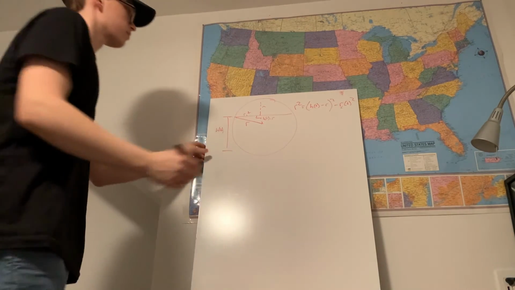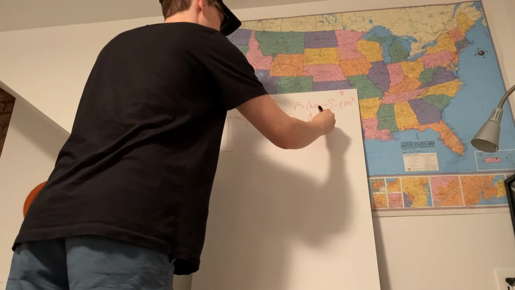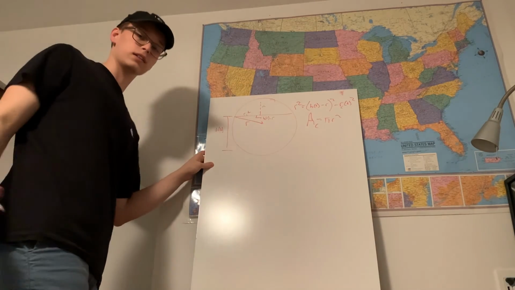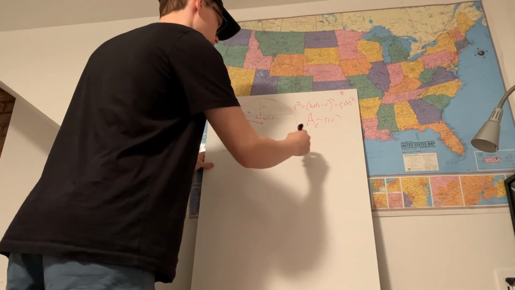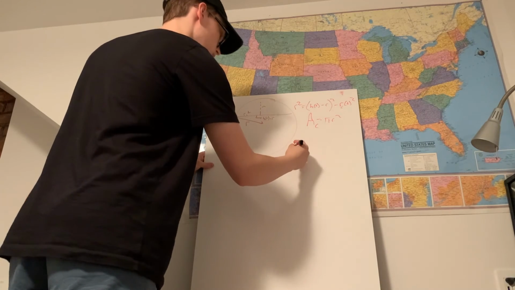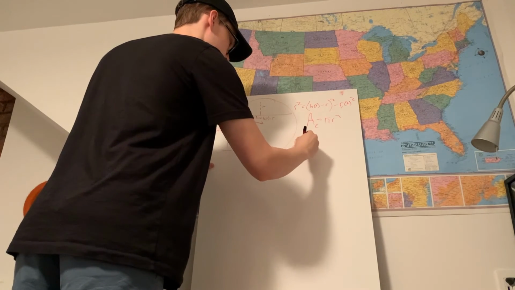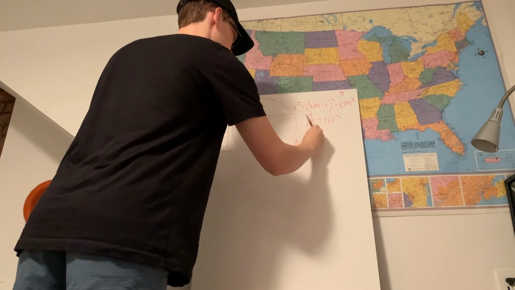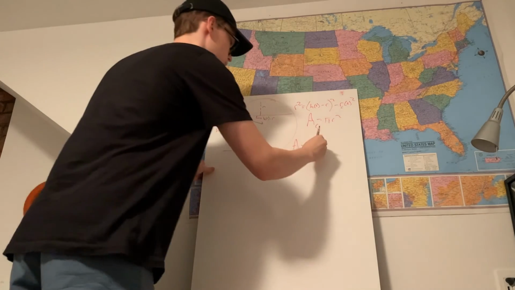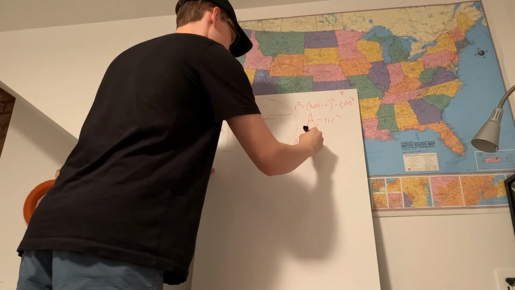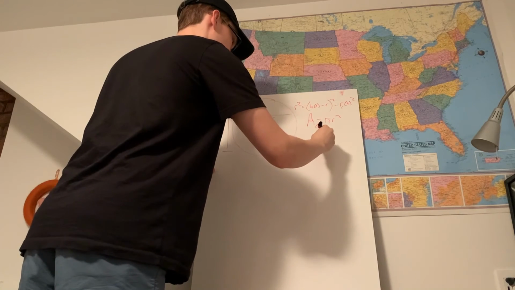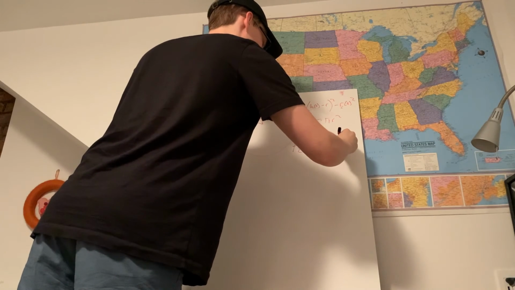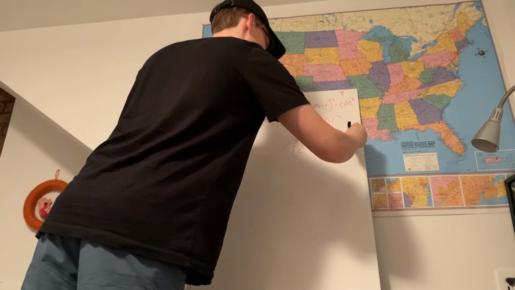And if we just remember that our cross-sectional area is pi r squared, we can simplify a little bit, and we get, I'll write it over here, is equal to pi, sorry about that, R squared minus h minus r squared.